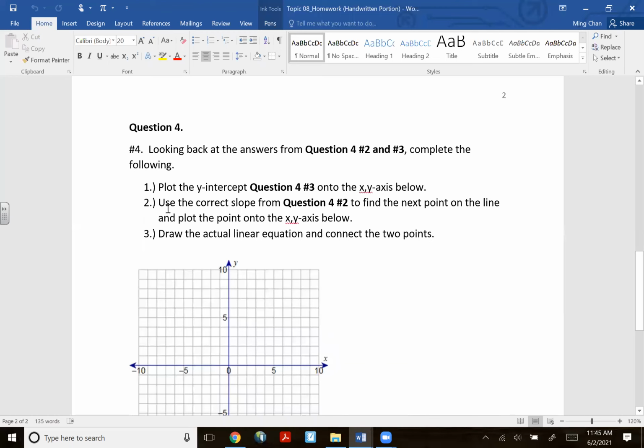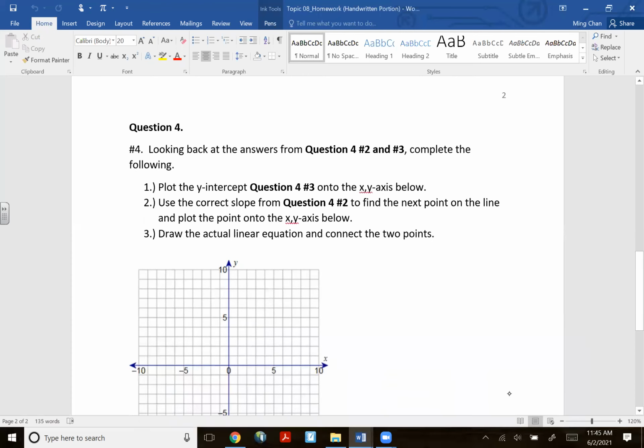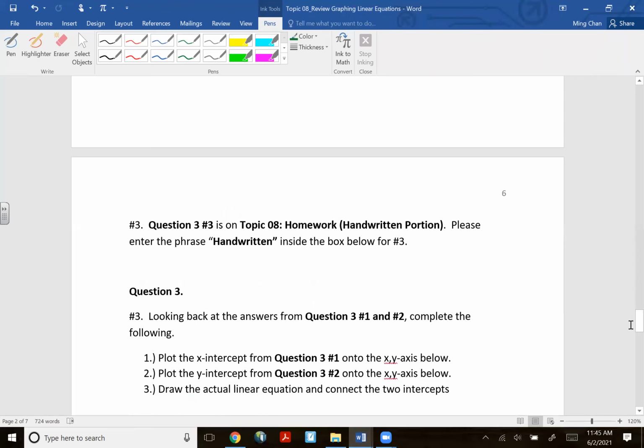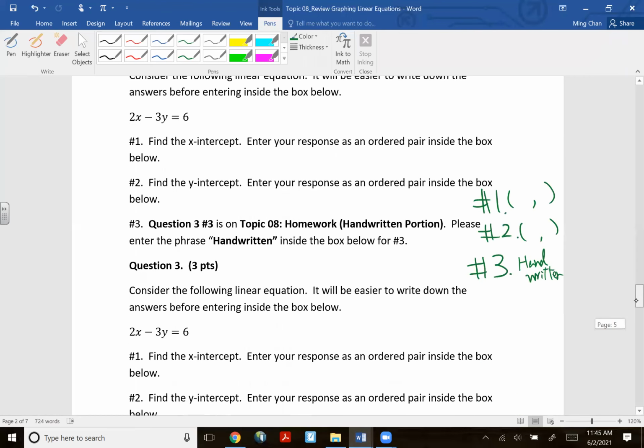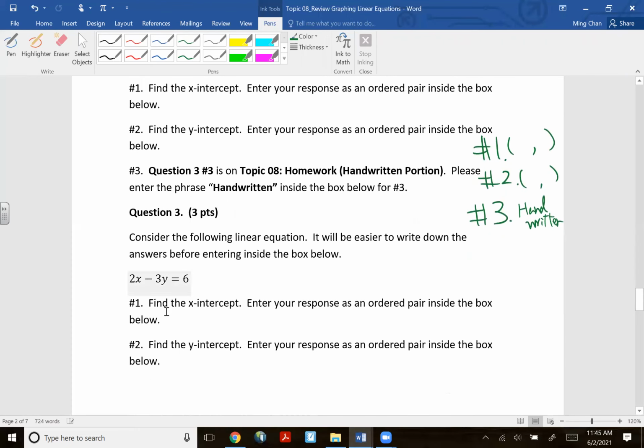Now, question number 4 here says use the correct slope. If I go back here, question number 3. Oh Lord, sorry, I did not mean to put question number 3 twice.